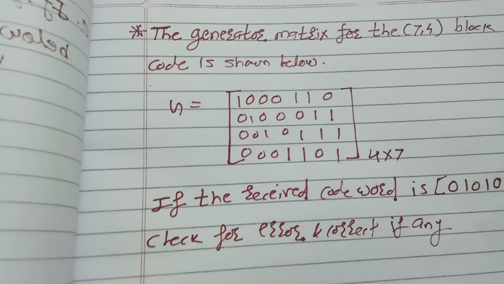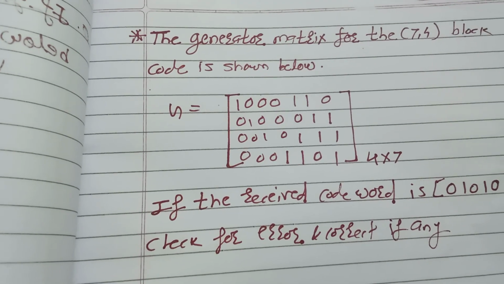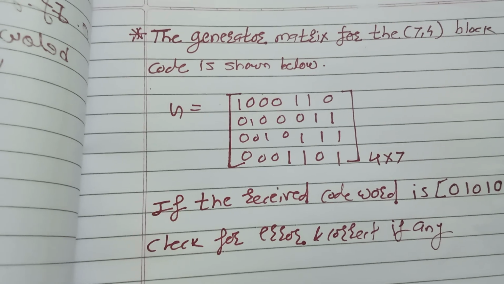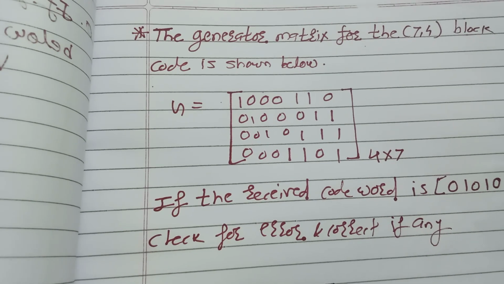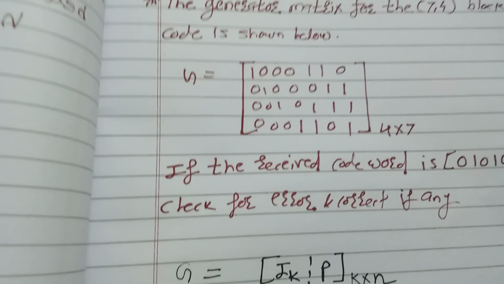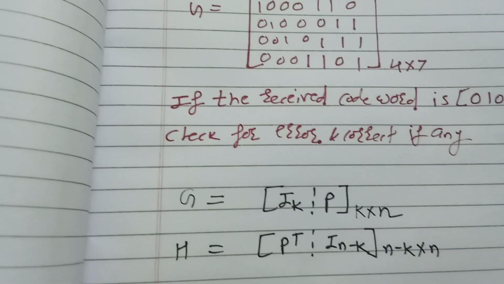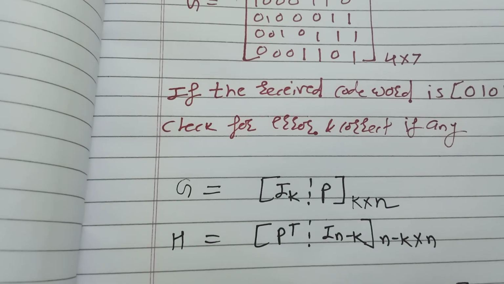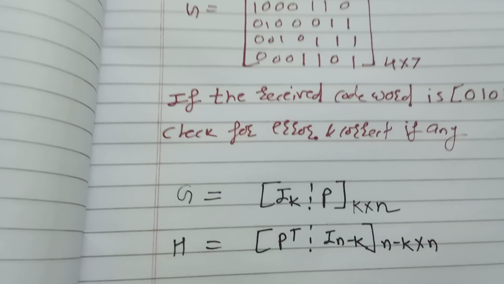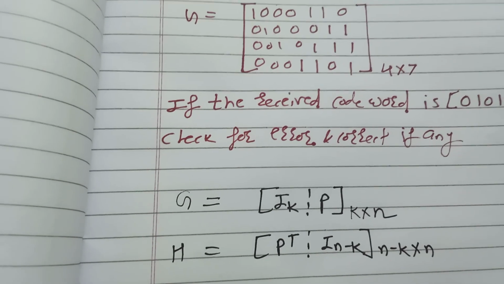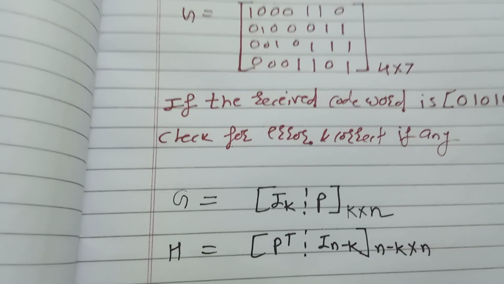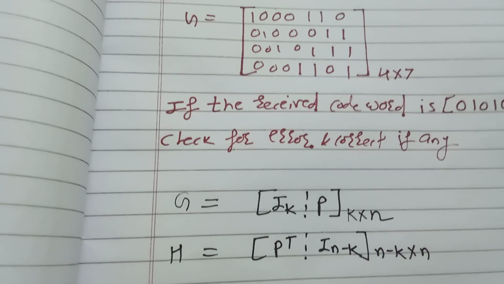So this is the (7,4) linear block code. We have seen in the cyclic code that I told you that you have to remember these equations. The generator matrix is in the form [I_k P], of dimension k into n. So you have to remember it like this.